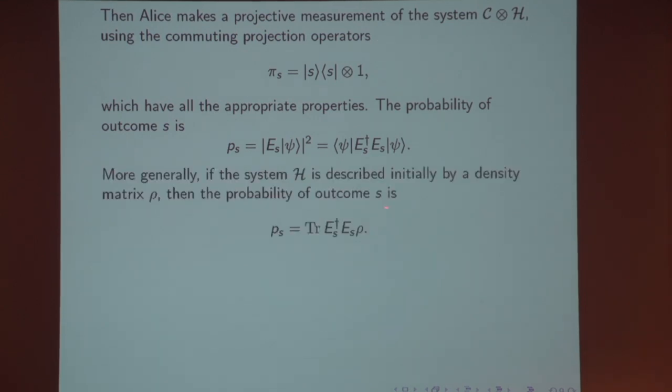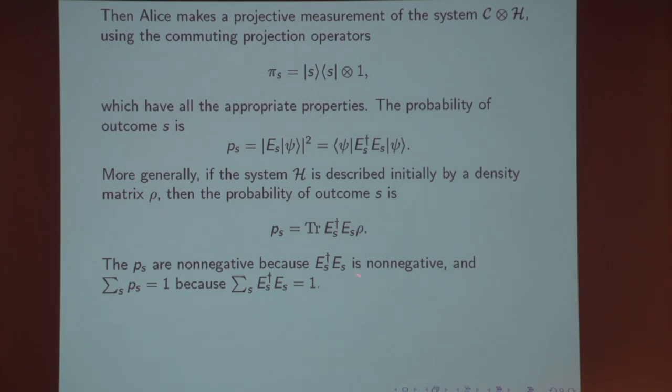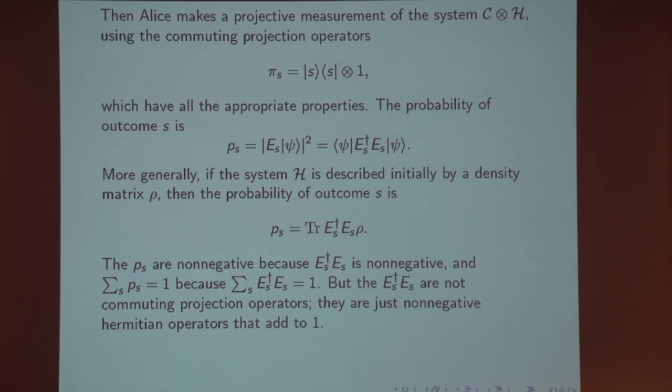And more generally, if the initial system had a density matrix rho, the probability of outcome S is this one. And the P's are non-negative because ES dagger ES is non-negative. And they add up to 1 because the sum of ES dagger ES is 1. But the ES dagger ES are not commuting projection operators.